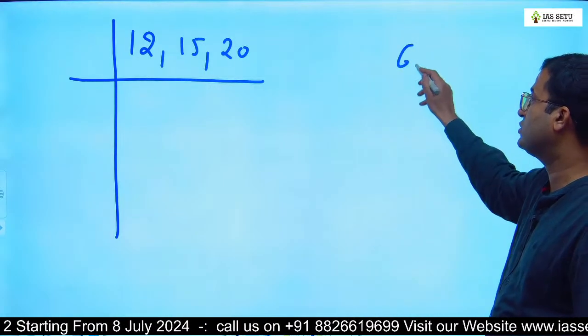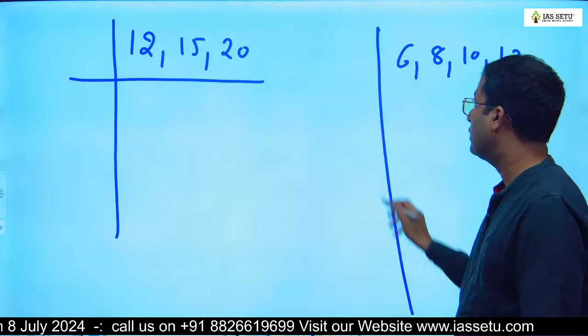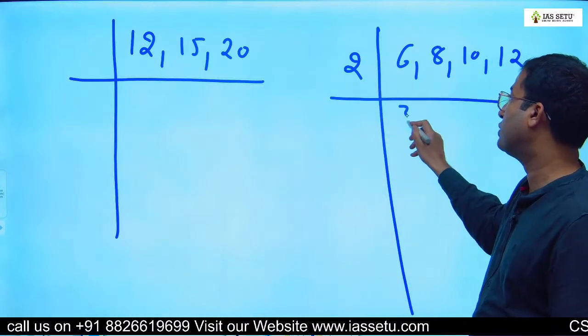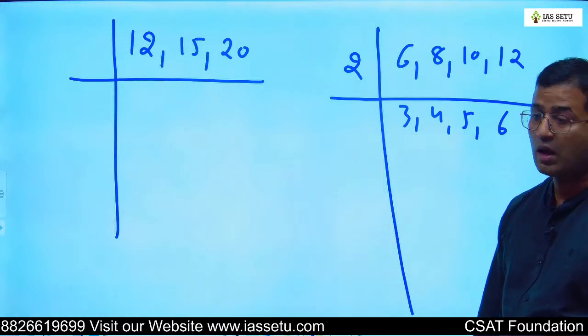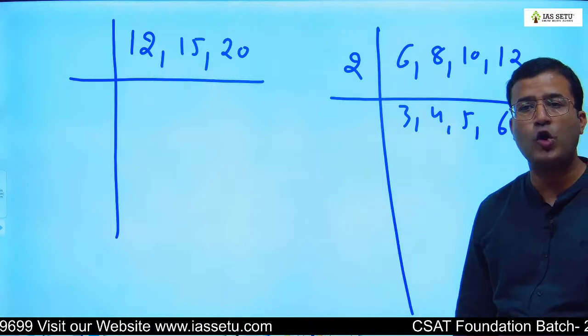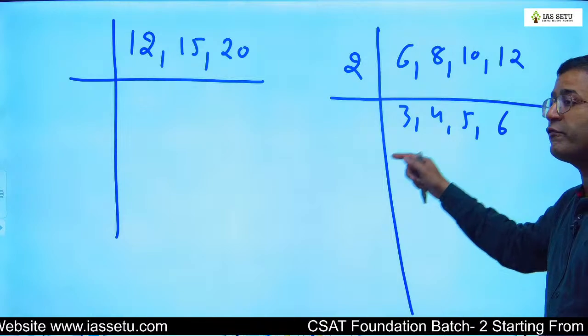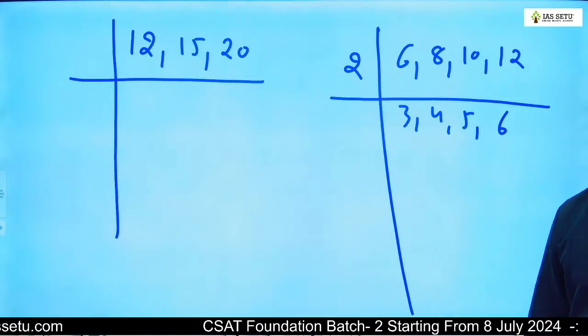Parallelly, one question: 6, 8, 10, 12. Since 2 is common, we take 2 common. After that 3 and 4 are co-prime, we don't have a common factor. If it is not common from all the numbers, if it is common from 3 numbers or 2 numbers, still we take it.